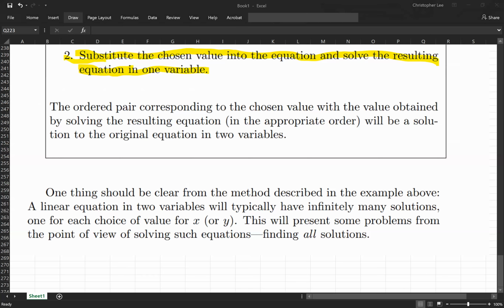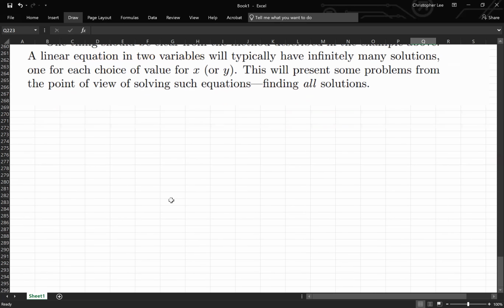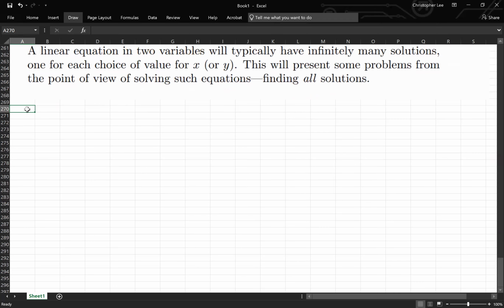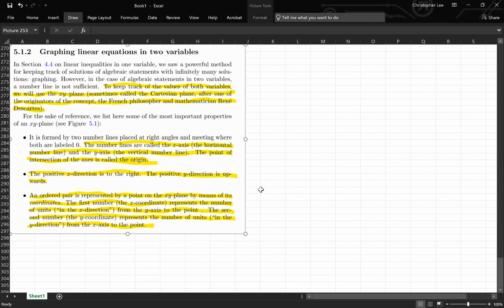So now I want to give you a method to represent or to show all of the possible solutions for this particular equation or equations like this. And this is how we show all the solutions: we graph them.